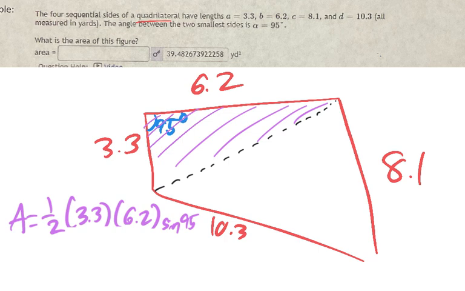We have side-angle-side, so we can do the law of cosines and find this side. Then once I know this side, I can find the semi-perimeter of the second triangle. That is the law of cosines.